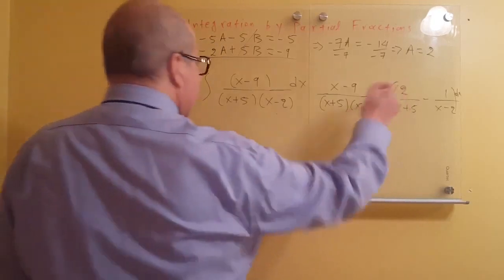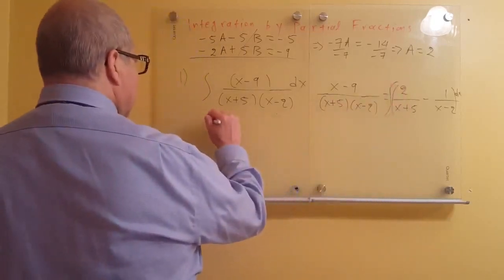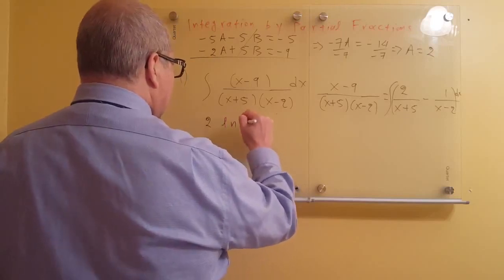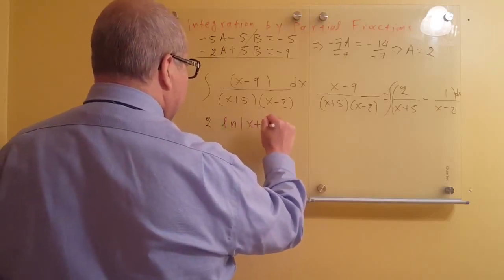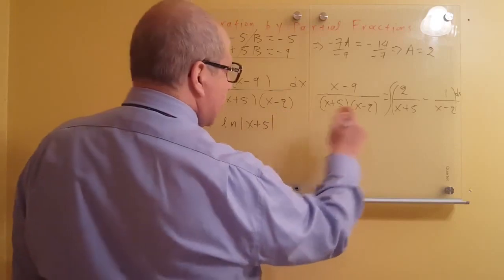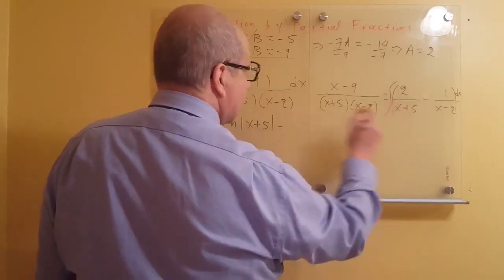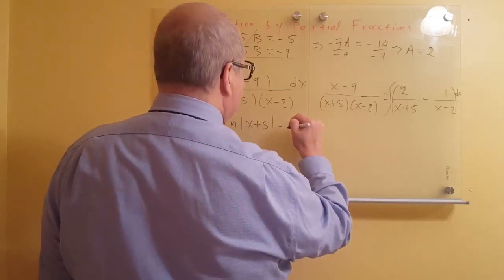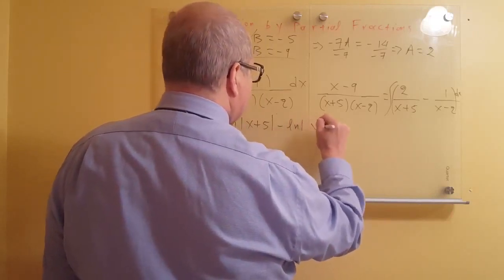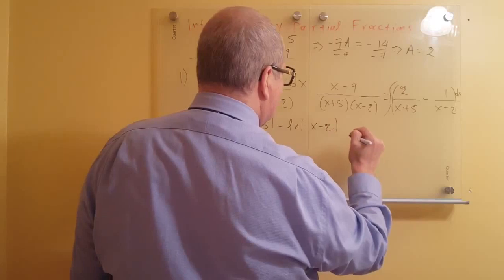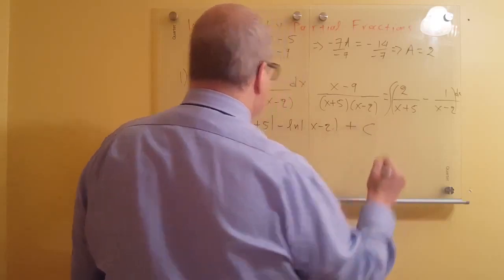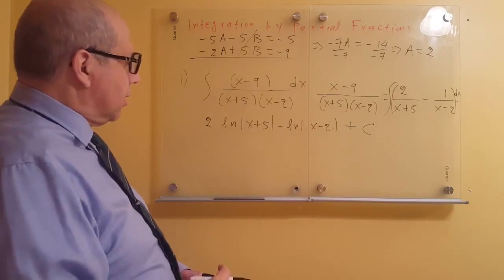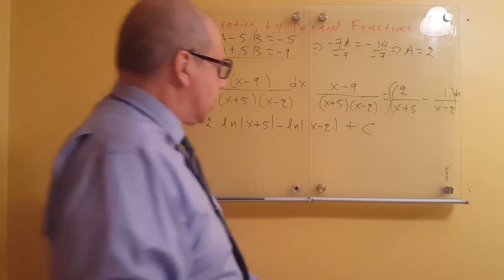So the integral of this here should be 2 ln of x plus 5, and the integral of this will be ln of x minus 2, and of course plus c, since we are talking about an indefinite integral.